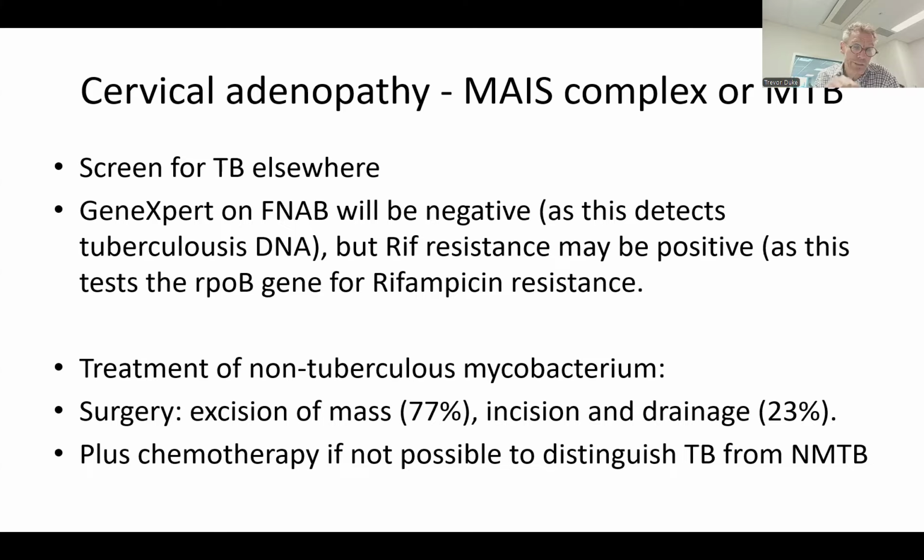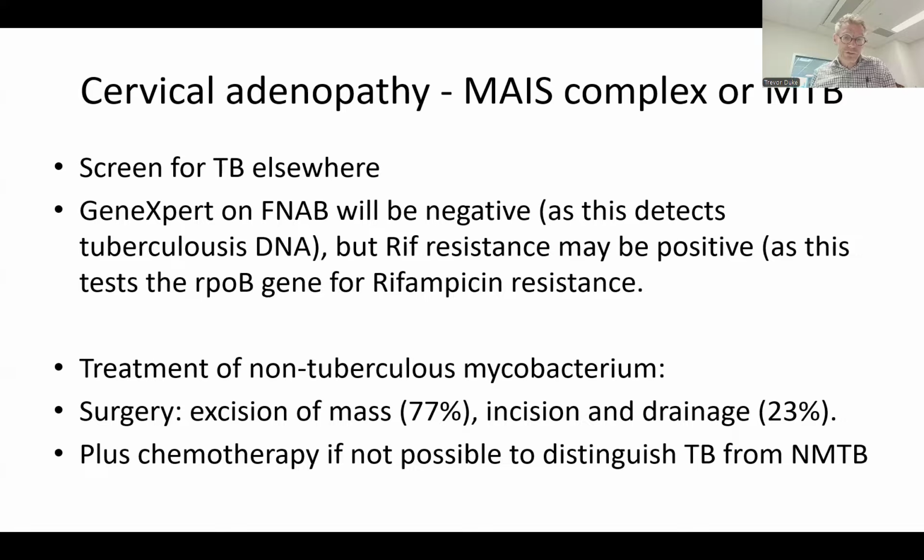So the rpoB gene, which is the gene that you're testing for when you do a GeneXpert test, looking for rifampicin resistance, that may be positive in MAC complex as well as in TB. But the test overall will be negative for TB.